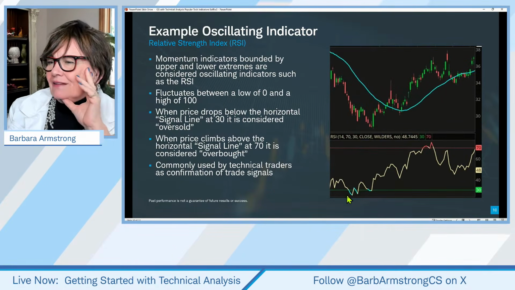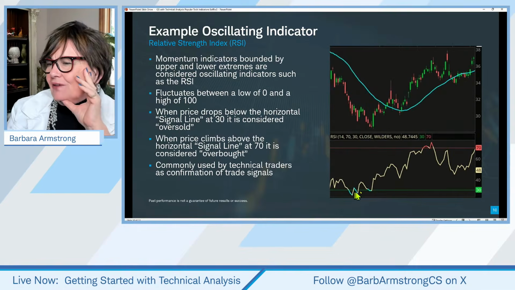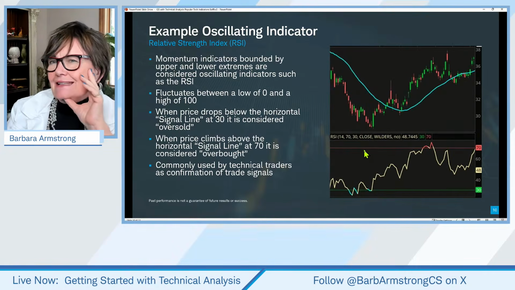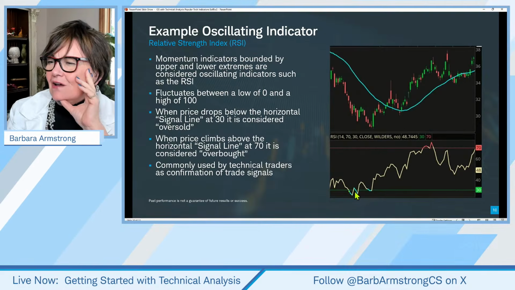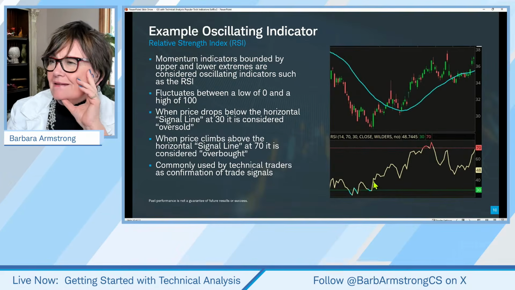Then we've got the relative strength indicator, and we have a line at 30 and a line at 70. The 30 is considered a buying line when it crosses above the 30: this has been beaten up, maybe now is a time to buy.